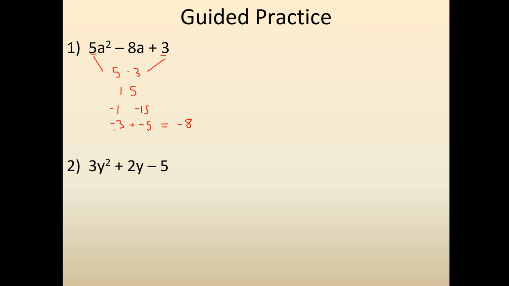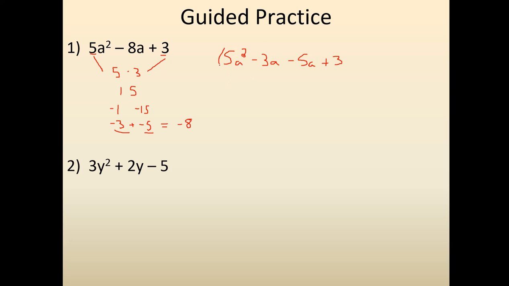So again, I take these two numbers and plug them back into the original equation, replacing the negative 8 that we just found, and I'll end up having it like this. Now, I don't really like the way this is written, but it doesn't matter because I'll end up getting the right answer anyway. Remember, it doesn't matter which term goes where.